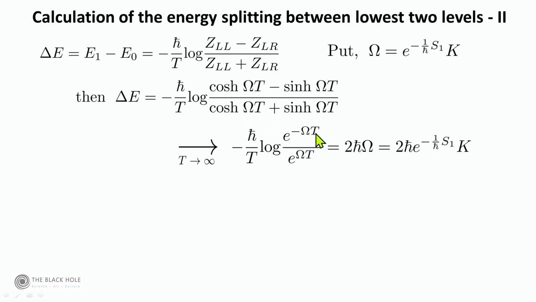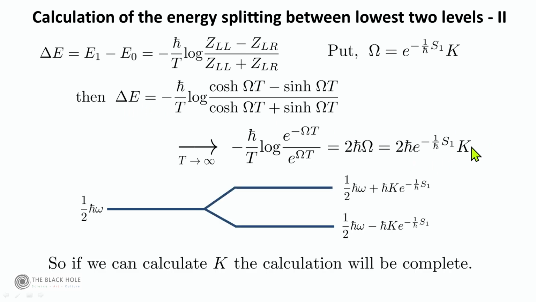So I get e to the minus omega t over e to the plus omega t, and this goes on top. Now you take the limit. Log of e to the minus 2 omega t is minus 2 omega t. You divide by t, so miraculously, the times have canceled out. I can now make t go to infinity, no problem. And so I get this result. Delta E is equal to this, in terms of K, and K we're going to come back to.